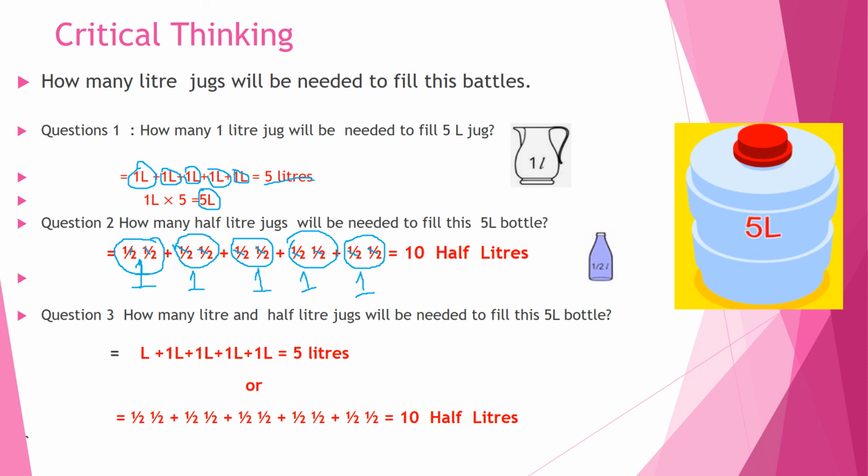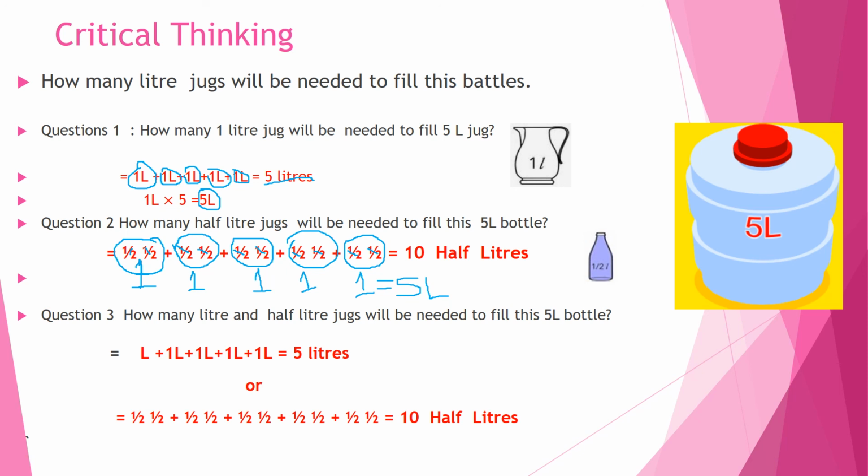So how many half liters did we need to add to give us 5 liters? We needed to add it 10 times, sorry, to give us 5 liters of water. Good job.